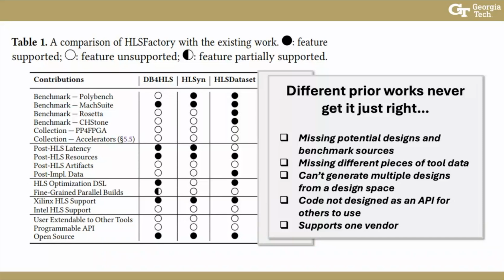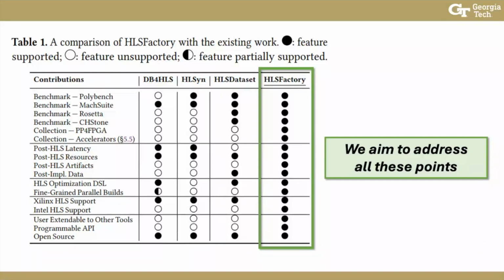And that's not particularly useful, let's say, if you're trying to train a neural network, like a graph neural network, to take an input of the LLVM-IR, for example, right? You can't do that unless you have that data. And also, many previous works try to focus in on one specific vendor. That can also be a limitation. So basically, we try to address all these points and cover a lot of these different features that other works are not covering when it comes to HLS dataset collection and generation.